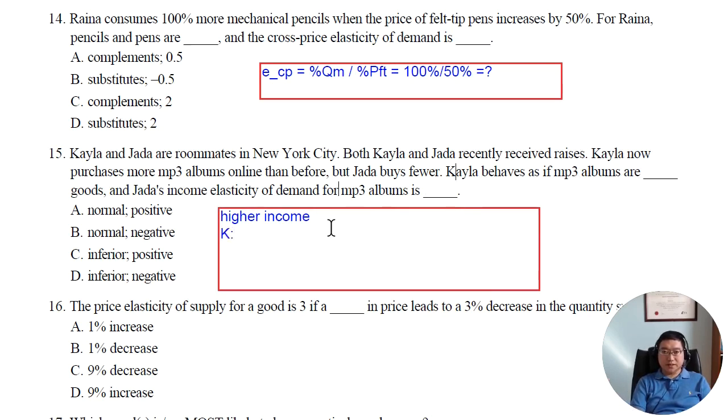For K, the quantity demanded for one good goes up, but for J, the quantity demanded for the same good goes down, right? So if you have higher income and you buy more of this good, it should be a normal good. That is income elasticity of demand. For a normal good, it's a positive number.